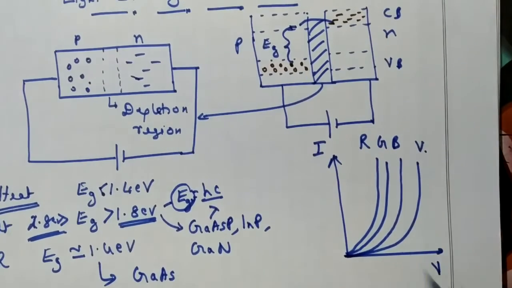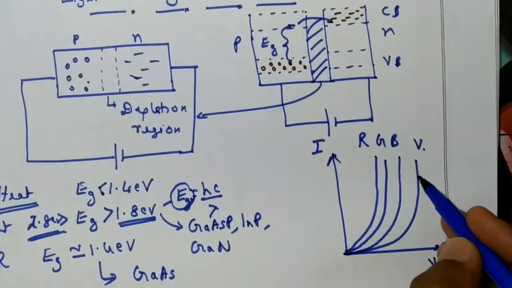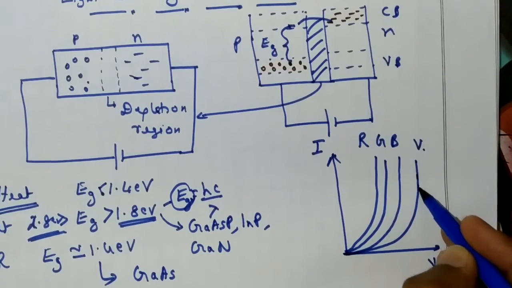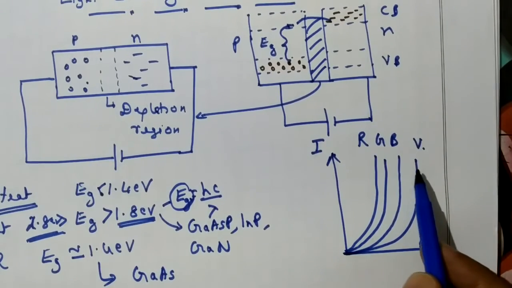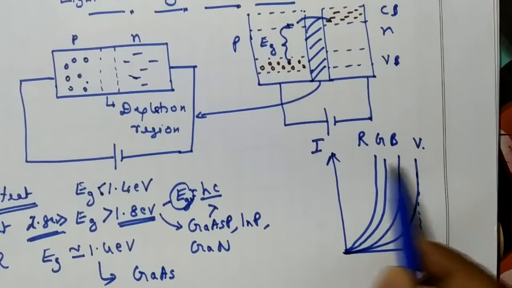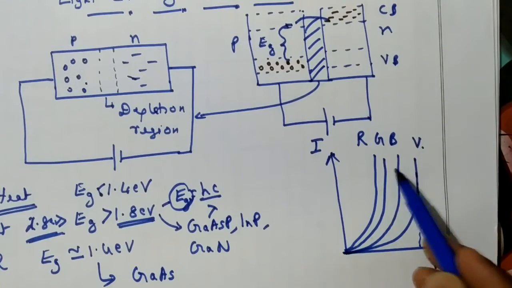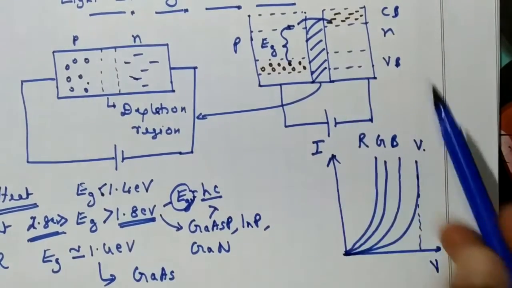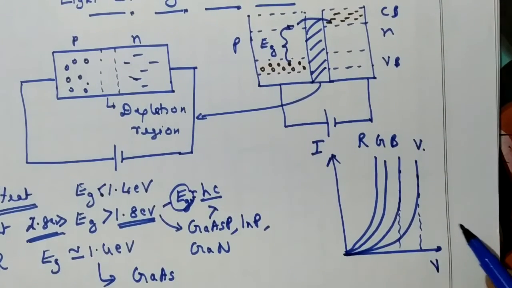Electrons require more energy to cross the junction. Therefore, the voltage you have to apply is more, and the knee potential is more. If you change to a higher wavelength LED, the energy required for these electrons to cross will be quite lesser. Therefore, the knee potential will be lesser.